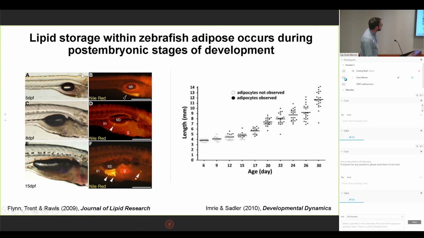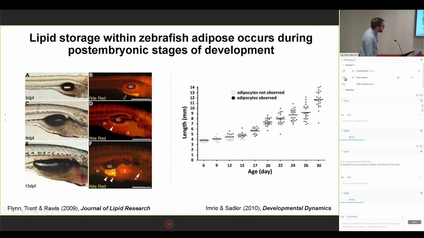Again, these are nice Nile red images from John's lab, showing that initially at 5 days post-fertilization, you see lipid in the intestine and no real lipid stored in the adipocytes. These fish are getting fed from 5 days post-fertilization, but then a good few days after that, they start to store lipid in the adipocytes, and then this expands.